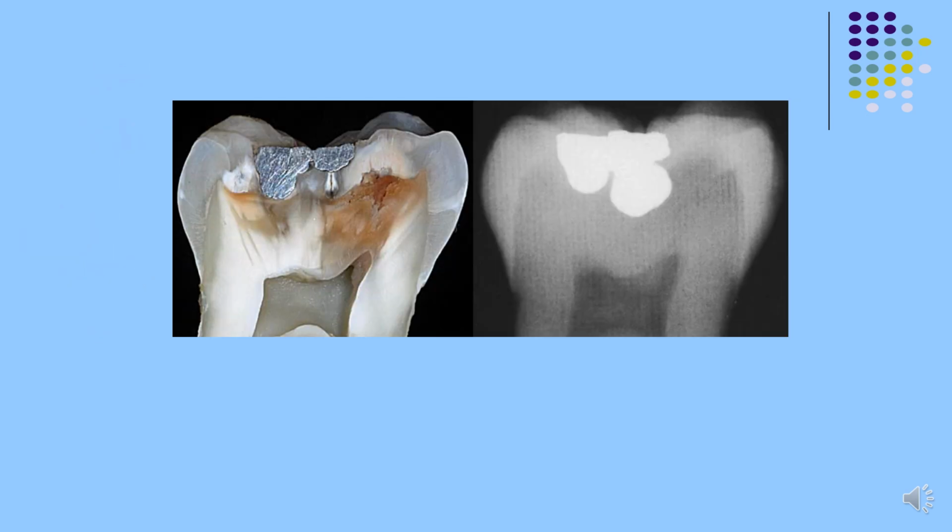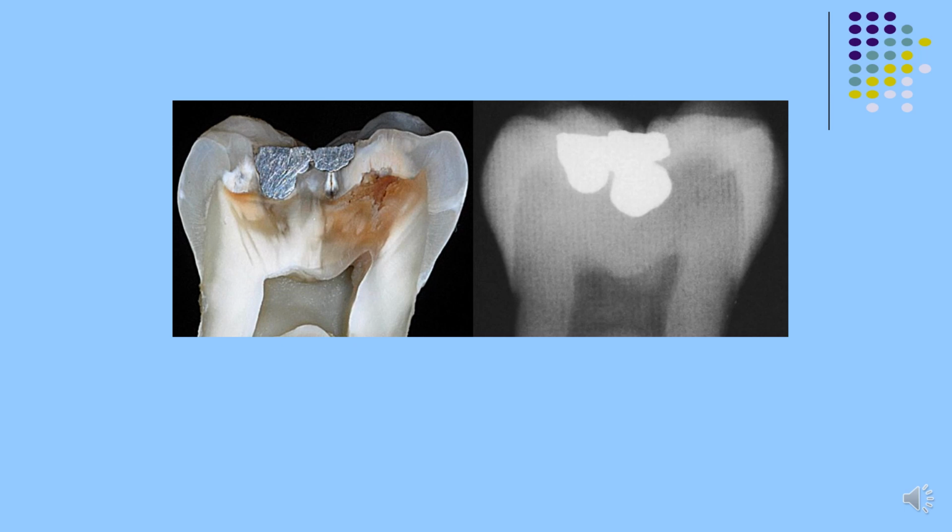Now this is the ground section and the radiograph of a tooth that was restored with amalgam, but there is underlying secondary caries that you are seeing. Under the restoration, there is an enamel lesion taking place.